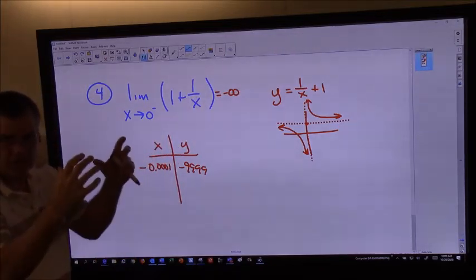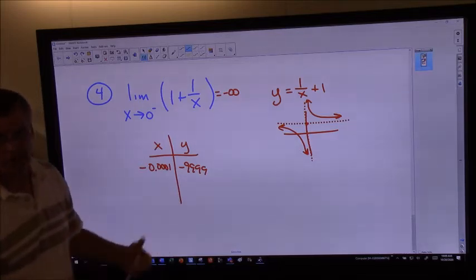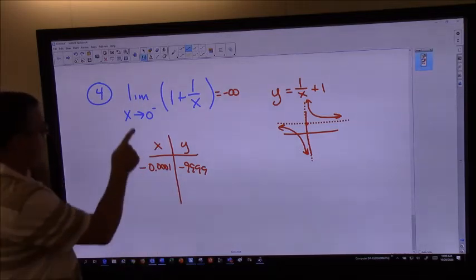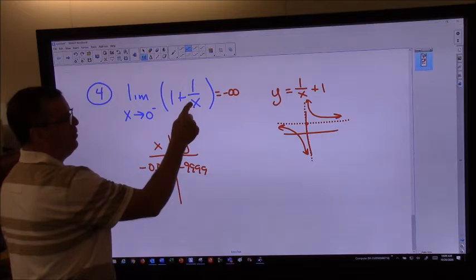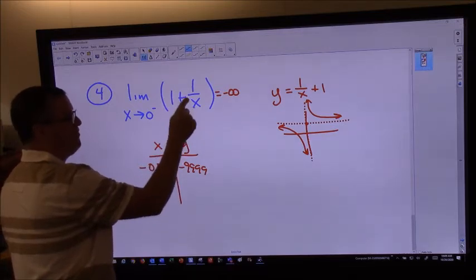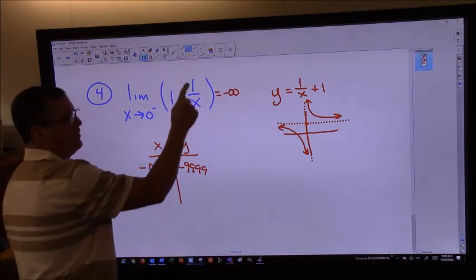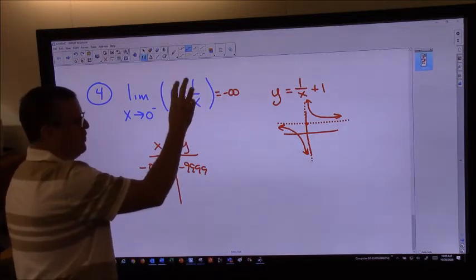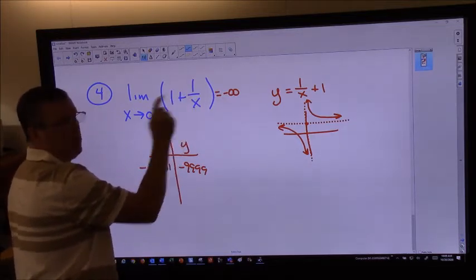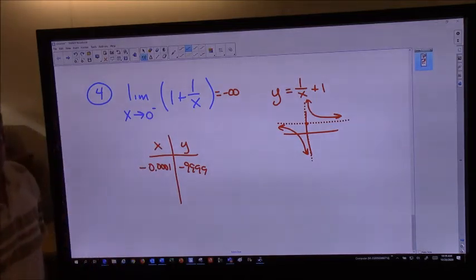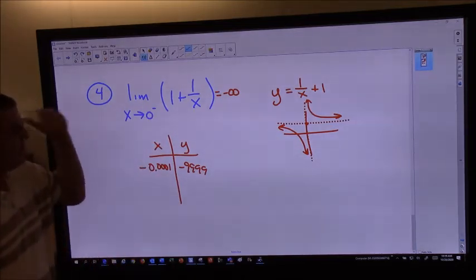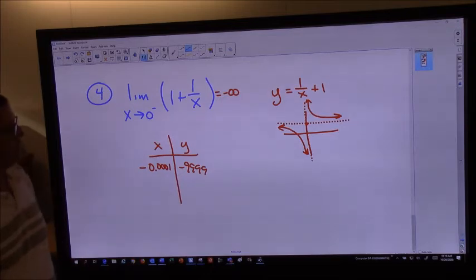There's a whole bunch, right? And since I'm approaching from the smaller side, I want to divide by a negative number. So 1 divided by a little tiny negative number is a very big negative number, or negative infinity. 1 minus infinity is negative infinity. So you can kind of think your way through this and get the answer that way.